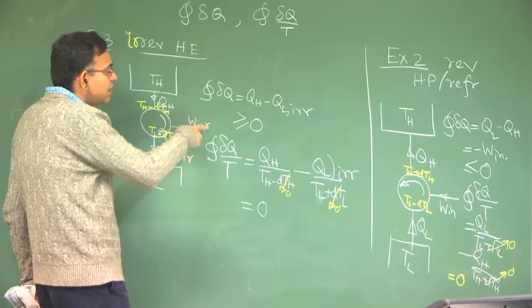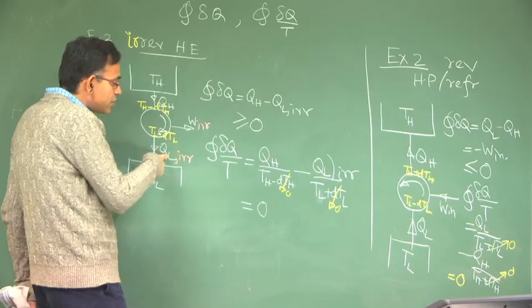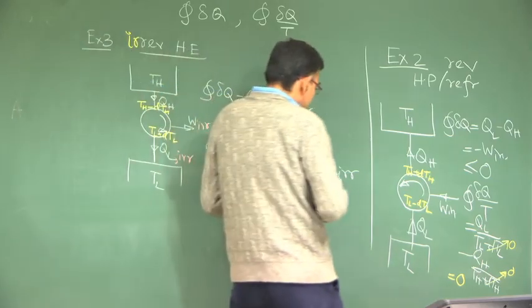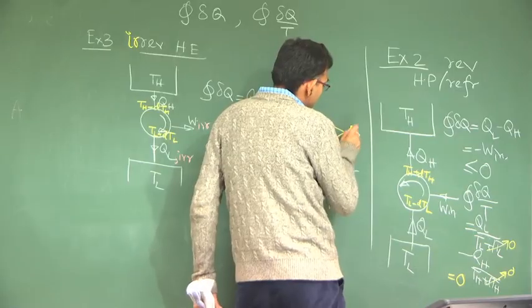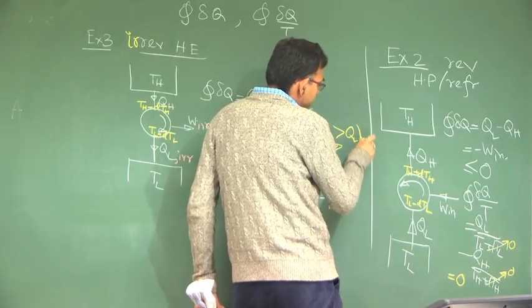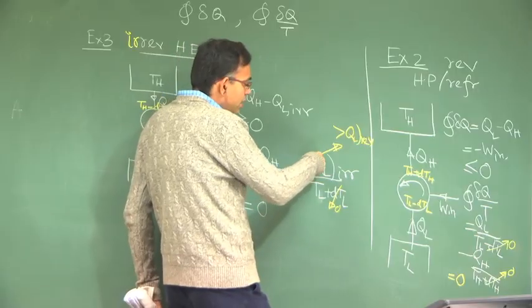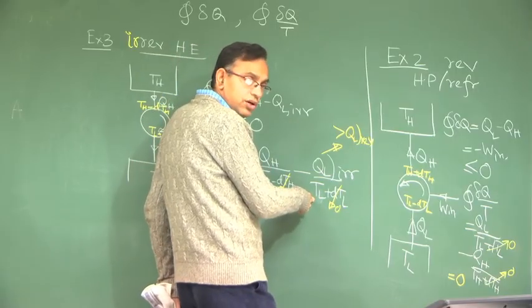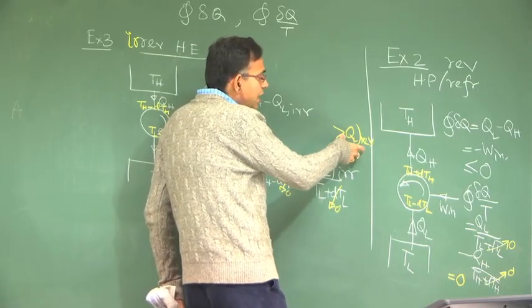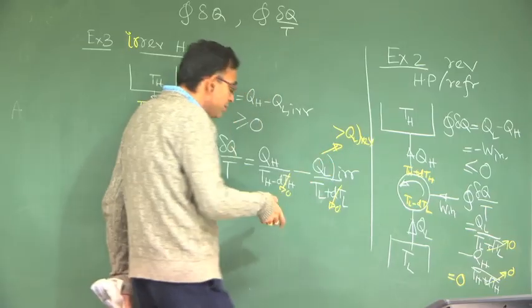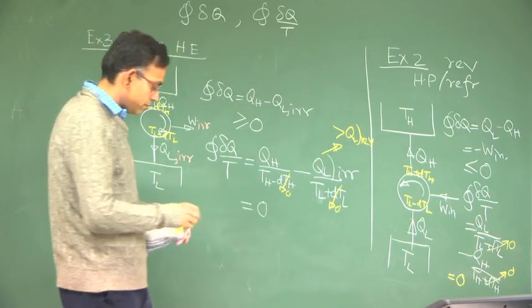Here work done is less because of irreversibility, so heat rejection is more. So QL irreversible is greater than QL reversible. So QH by TH minus QL reversible by TL was equal to 0. Now you are subtracting a quantity which is greater than QL reversible, so it will now become less than 0.